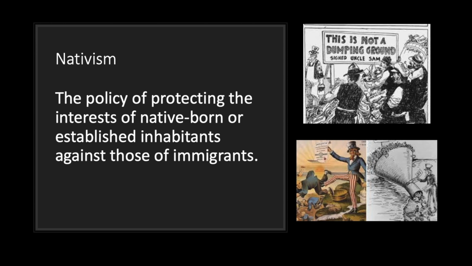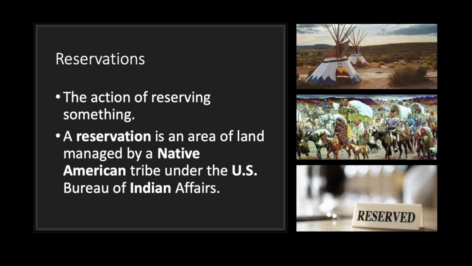So as it's written, the native policy of protecting the interest of native-born or established inhabitants against those of immigrants. Now, this came into play when you saw a lot of immigration in the United States, and people thought that they should have, I guess, more priority rather than the immigrants that were coming into the country.